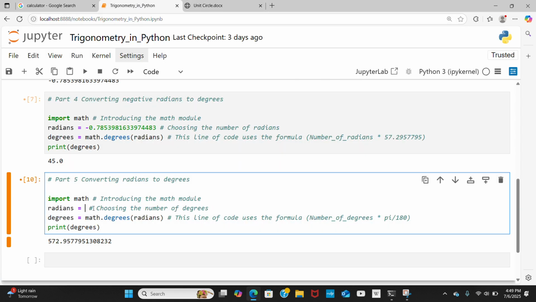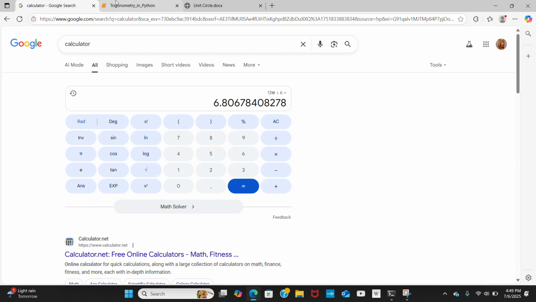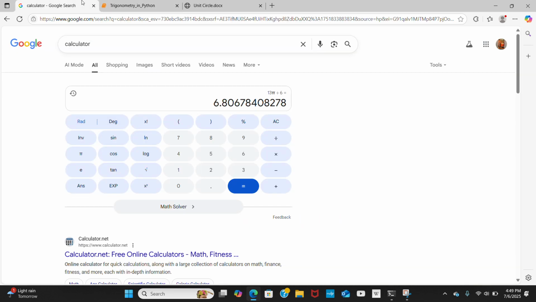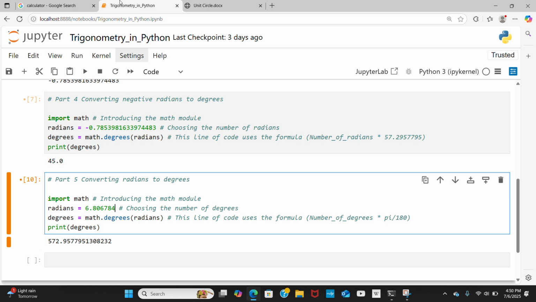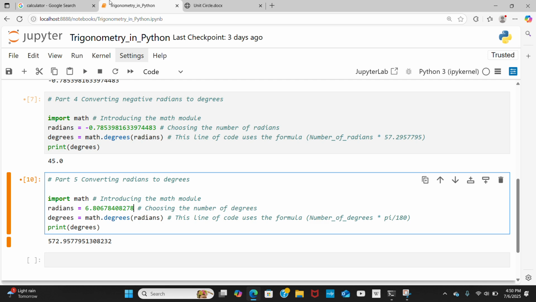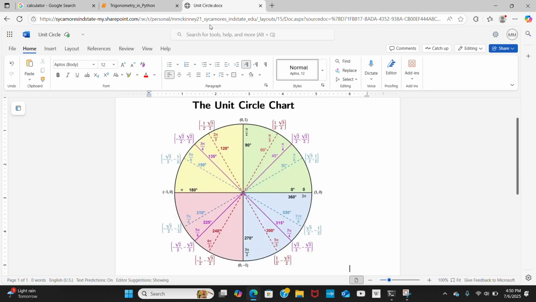So the radians will equal 6.80678408278. What I just showed you is handy if you want to find officially labeled numbers on the unit circle that are either really far ahead, going on to infinity, or going on to negative infinity, if you know what that means.